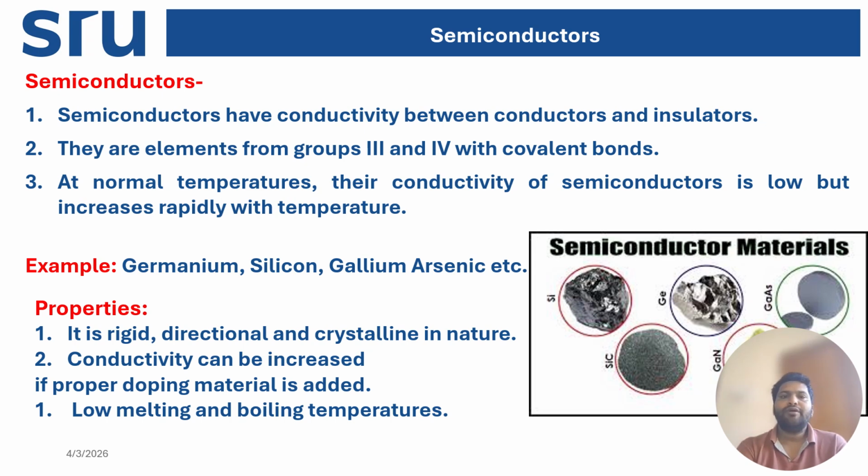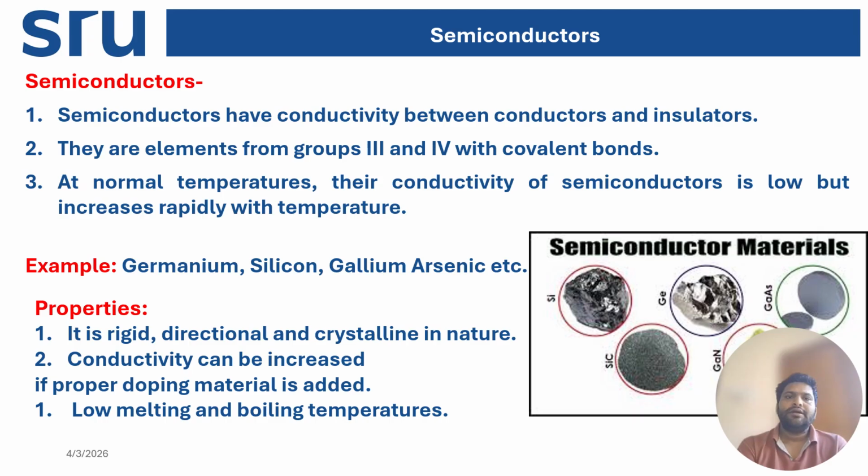Semiconductors have a small energy gap, called the band gap, between the valence band and conduction band. Because this gap is small, electrons can jump to the conduction band when energy is supplied.